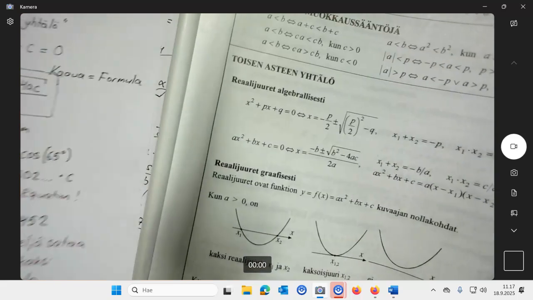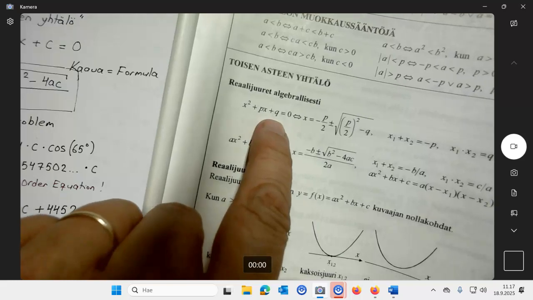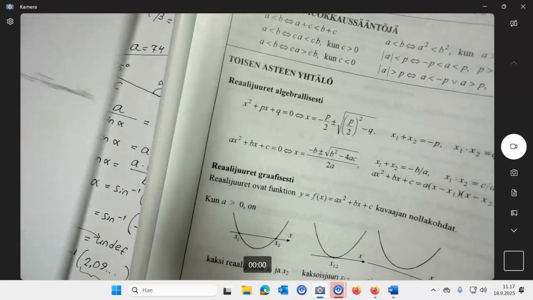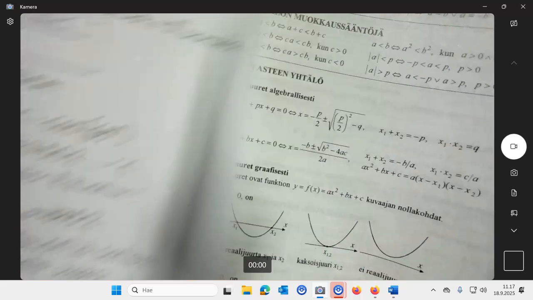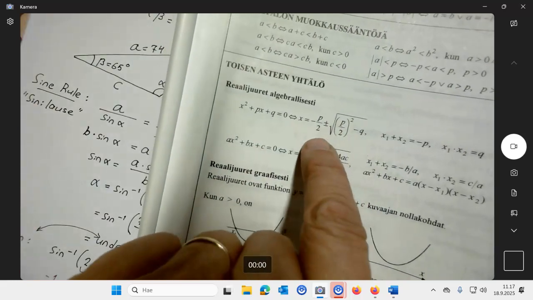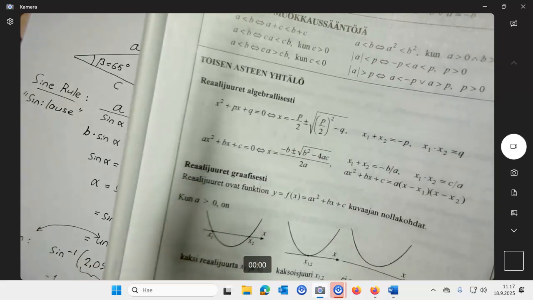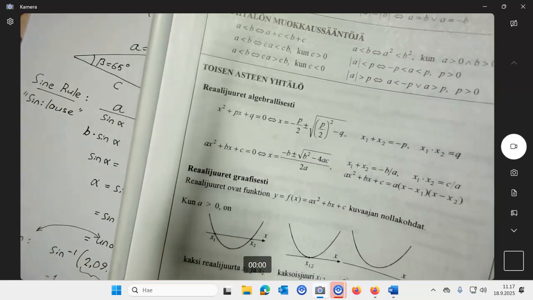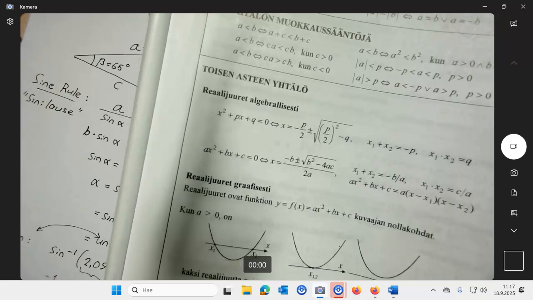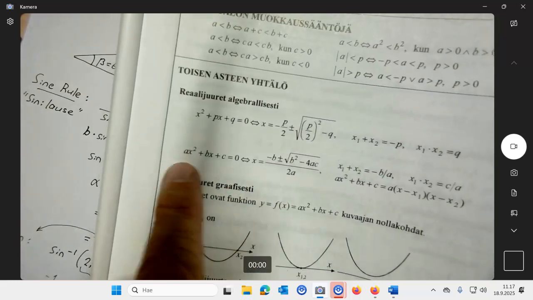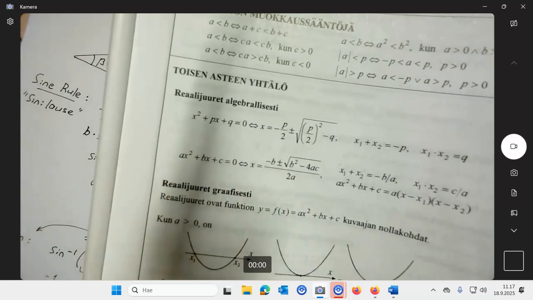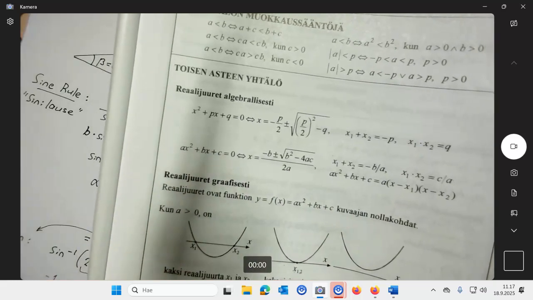And in this formula, this Q is the constant, so it is this number here. We would get the same result from this equation also, but I don't see it as necessary to try to remember two kinds of cases. So it is easier to always use this, because this is the more universal formula.